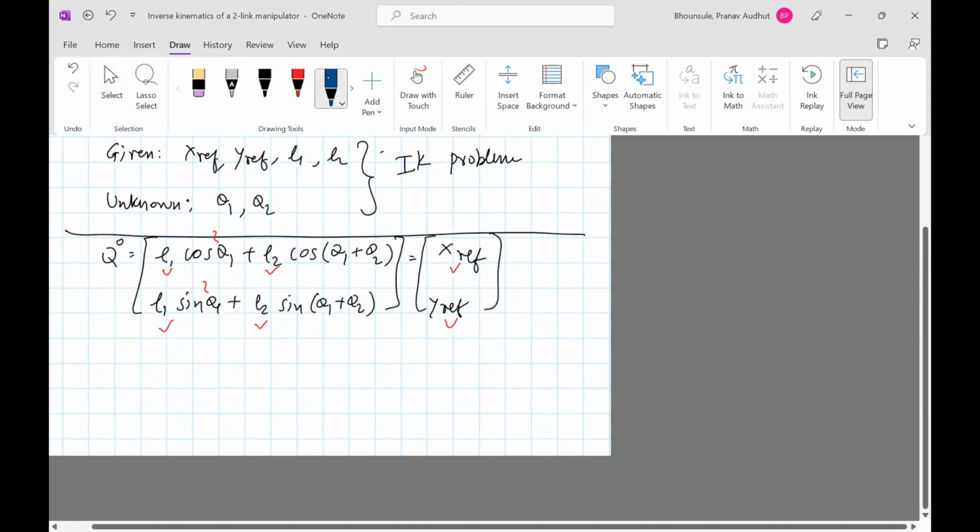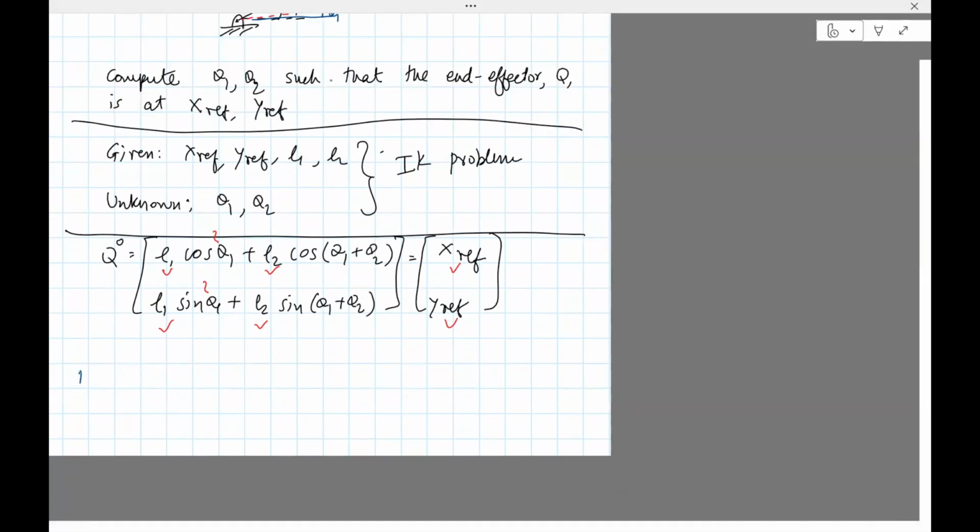So what we will do is we will write our f of x, or in this case f of theta 1, theta 2, as L1 cosine theta 1 plus L2 cosine theta 1 plus theta 2 minus x ref.